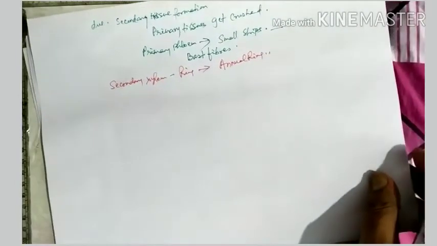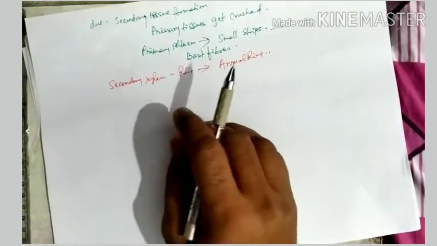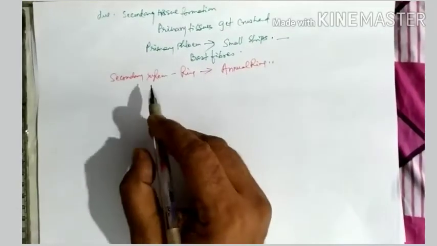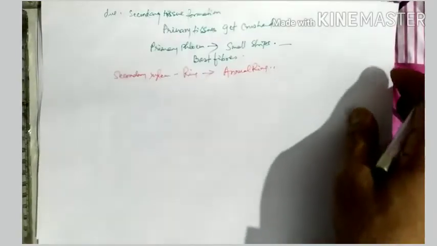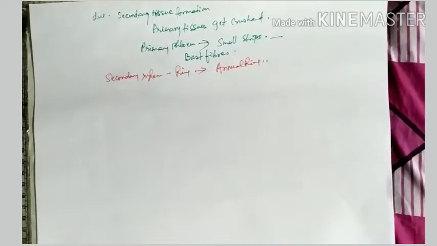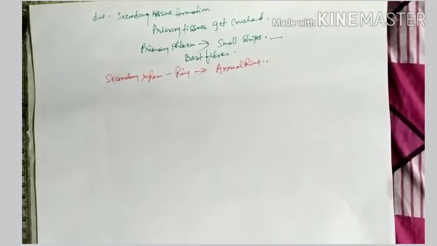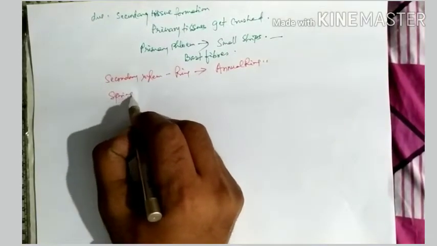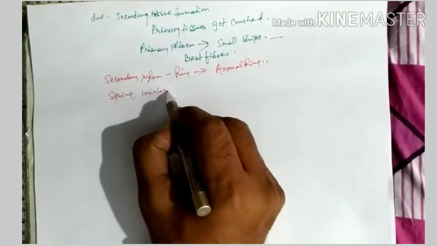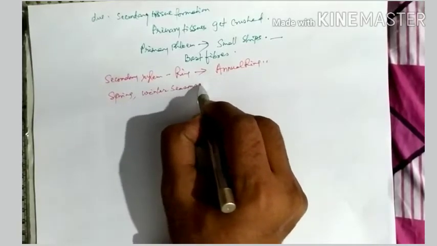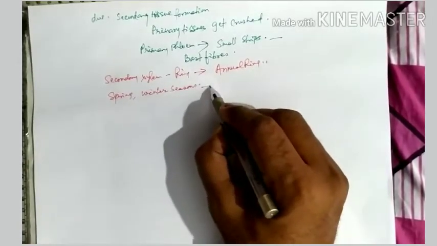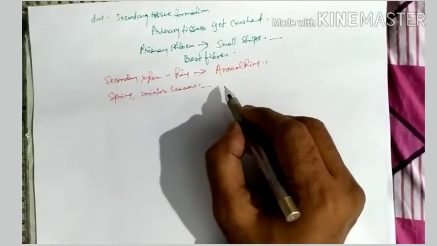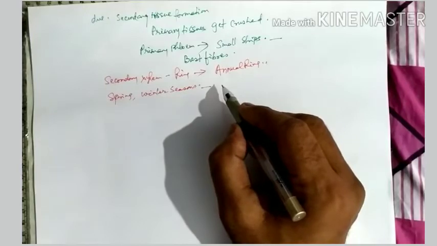In the entire year, the spring and winter seasons are most important in the life of a plant which performs secondary growth.